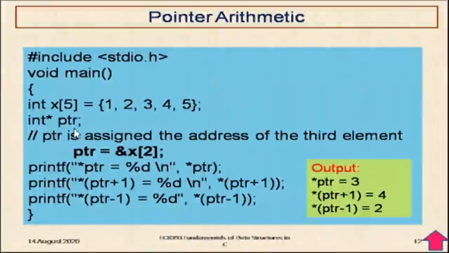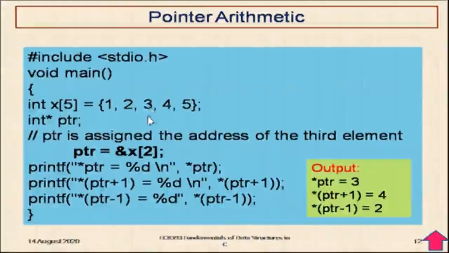Then another simple example. Array size is 5 here. This is x[0], x[1], x[2], x[3], x[4]. I am assigning the address of x[2], which means the address of the data 3. ptr is a pointer variable, assigned with the address of x[2].